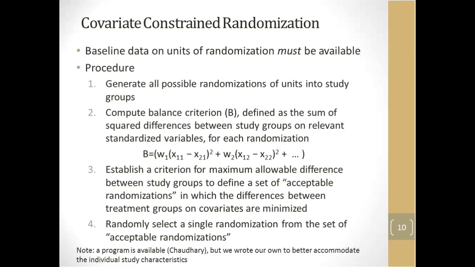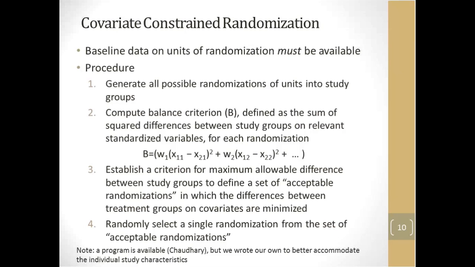And you do that for every randomization. So you're comparing for each possible randomization, you're getting group means and looking at the differences, estimating the difference in the group means on those particular variables.